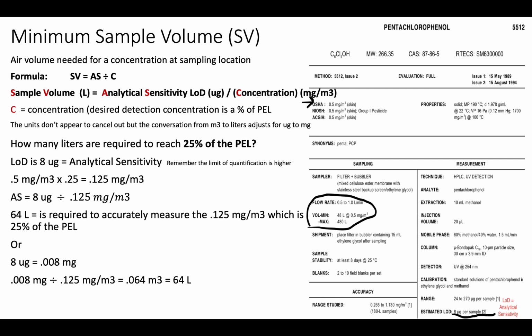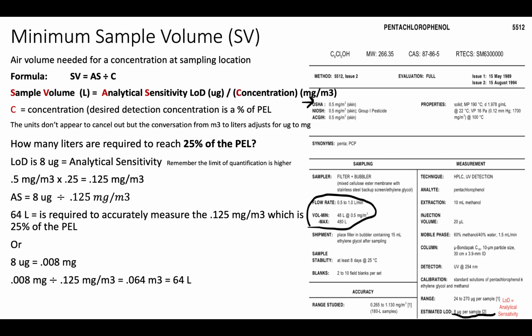sensitivity. To calculate the minimum sample volume, I'm using the formula that was available from the Industrial Hygiene Manual, which is: sample volume in liters equals the analytical sensitivity, or the limit of detection of the method, in micrograms, divided by the concentration that you wish to measure.